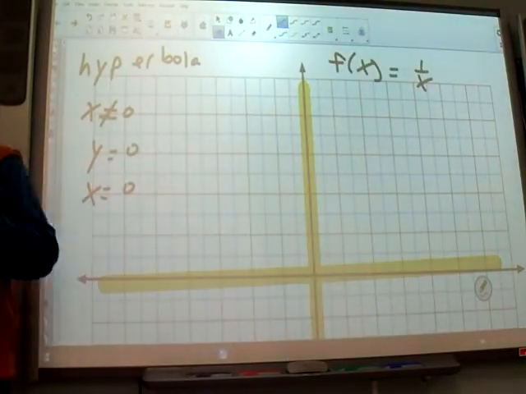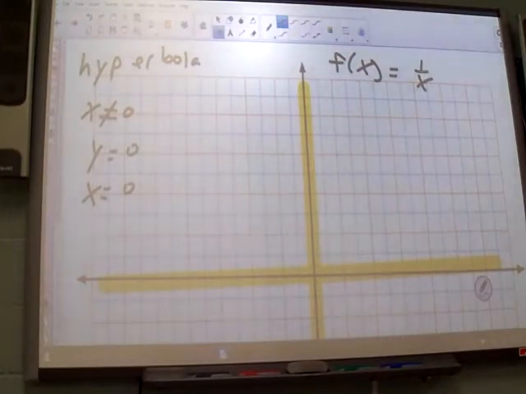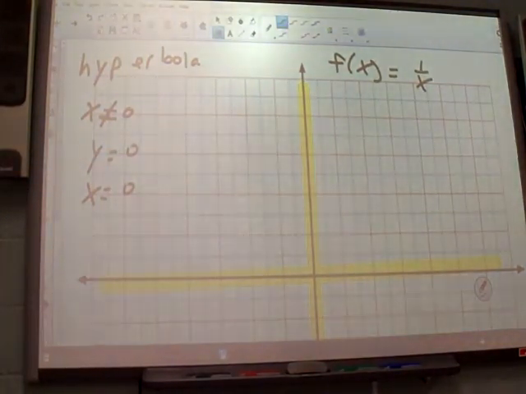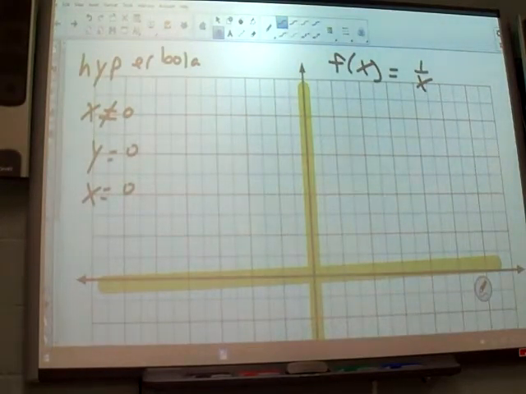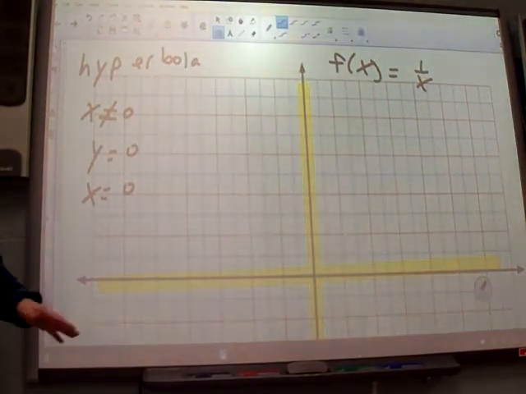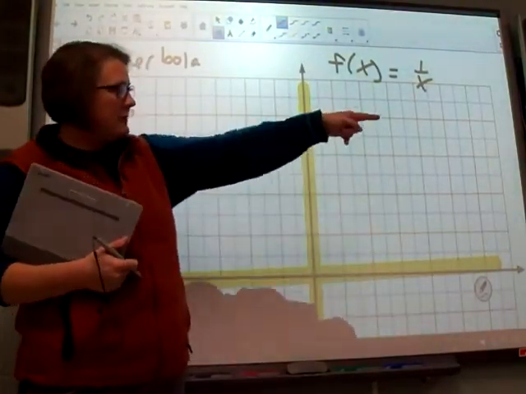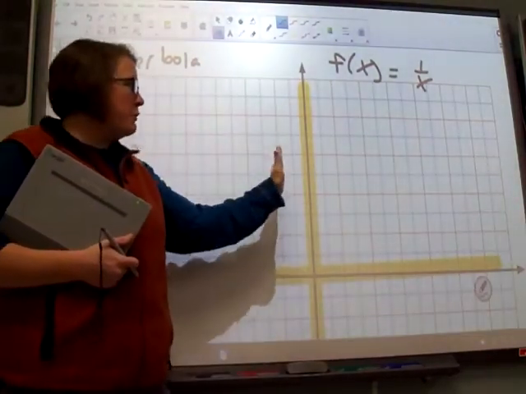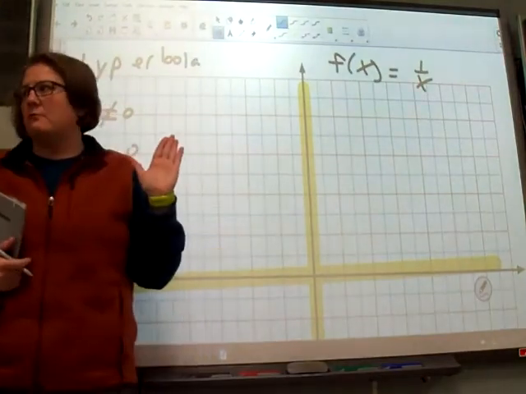Alright, your process for graphing these, whether it's a simple one like this or a more complex one that we'll end the class period with, is, first off, get your asymptotes drawn. After you get your asymptotes drawn, wherever your vertical asymptote is, you're going to graph some points to the right of it and some points to the left of it to form your branches.